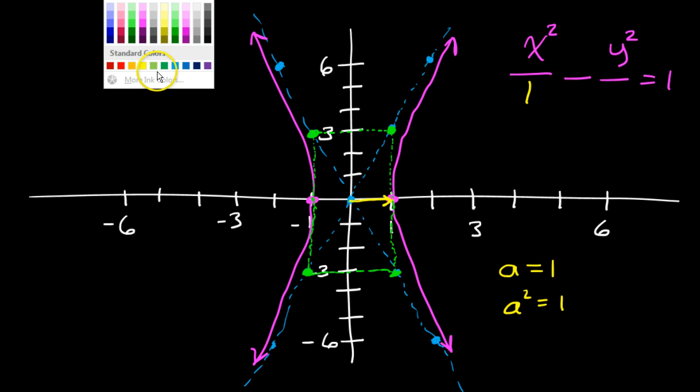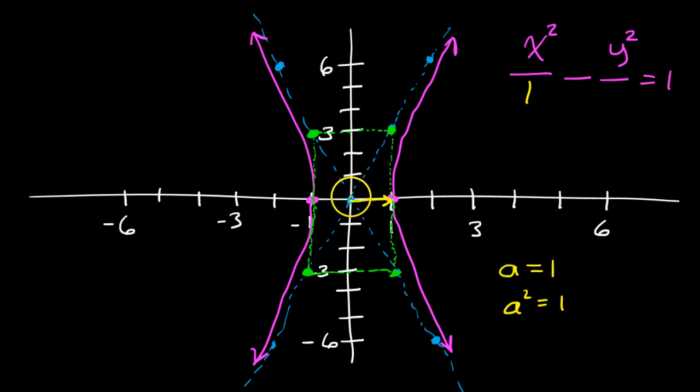Hey, check it out. The b value is going to be the distance from the center to a co-vertex, which is clearly right here. The other side of the rectangle. So I know that my b value is 3, which means that b squared is 9, which tells me that this other denominator must be 9. It's like magic. That's it. That's the answer right there.